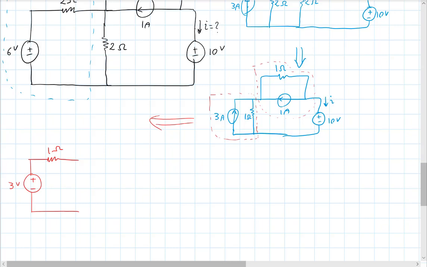And then the other box, similarly, I'll end up with a 1 ohm resistor and a 1 amp times 1 ohm voltage. So it will be something like this. A 1 ohm and 1 volt.